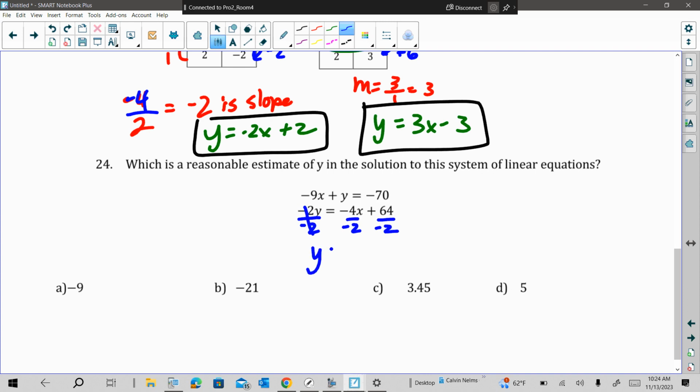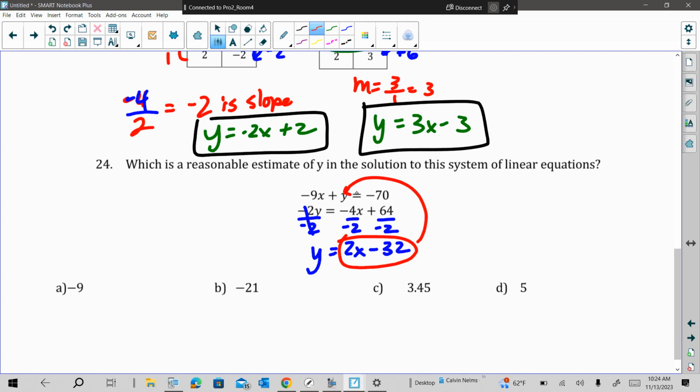So my y equals 2x minus 32. And now I can take what that y equals and plug it into the top equation. That would be one of your estimates or methods. And so I want you to get to a possible solution for the y.